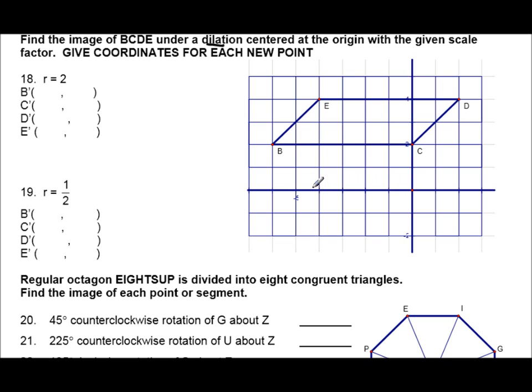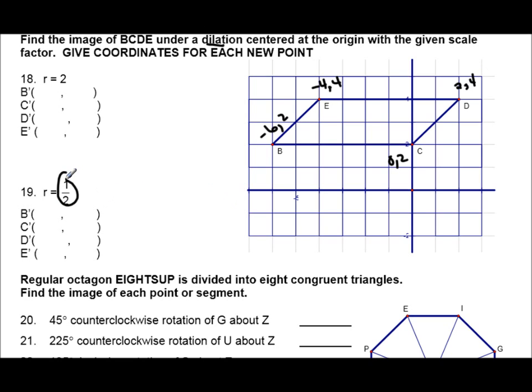We have (negative 6, 2), (negative 4, 4)... then (0, 2), and (2, 4).